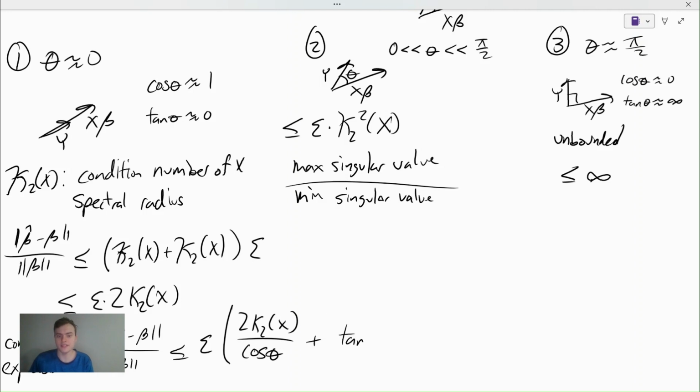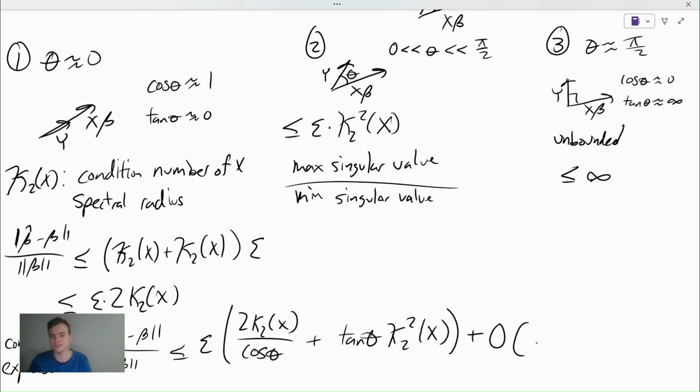And then having the tangent theta out front of the second term, when tangent theta is approximately 0 up here, then this second term is approximately 0. And the rest of the second term is the k2x squared. And that works out with this one as well. When cosine is approximately 0, this term blows up. When tangent is approximately infinity, this term blows up and the bound blows up.